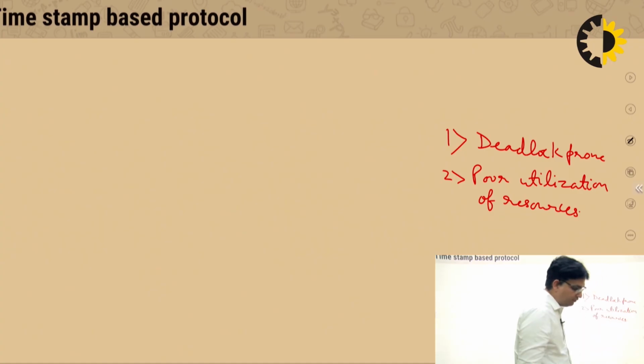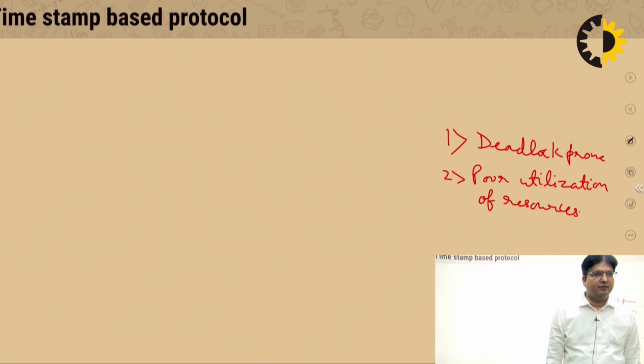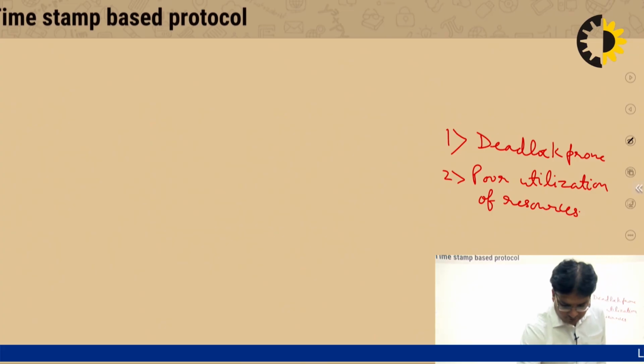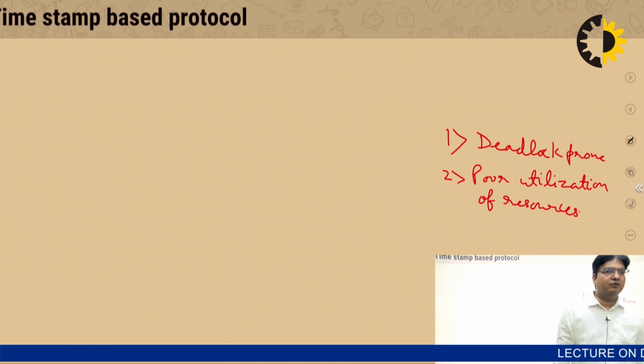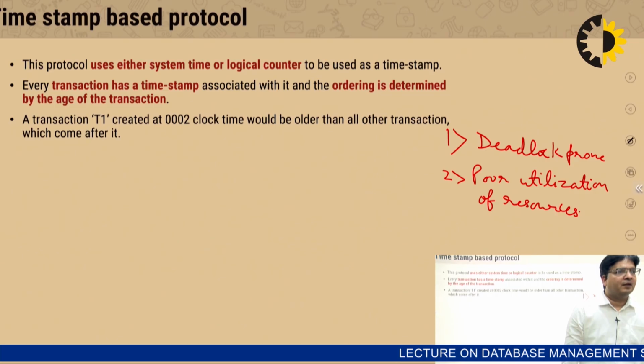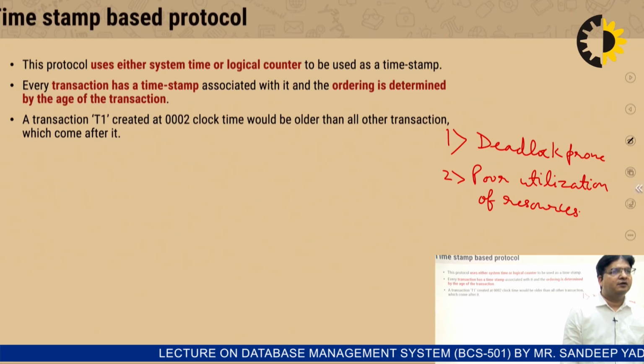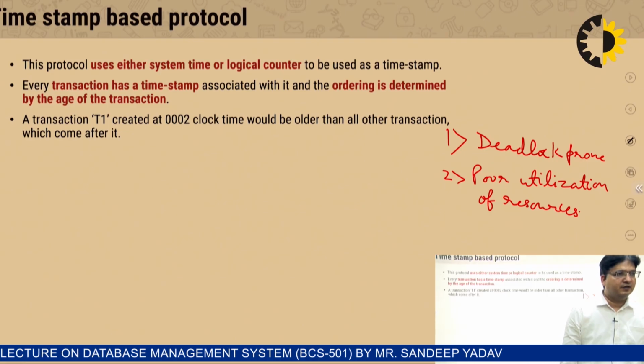So to overcome that problem came the concept of the timestamping protocol, whereby each transaction gets a particular unique timestamp value. That unique timestamp value is implemented either through the system clock or through a counter value. So every transaction has a timestamp value, and that is used to order the transactions. Let us see an example.